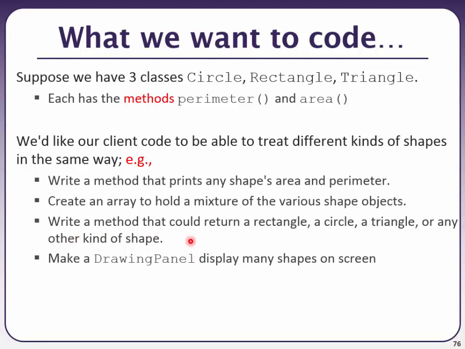We want to be able to write a method that could return a rectangle, a circle, a triangle, or any other kind of shape. So instead of saying that the return data type is one of those specific classes, we would say that the return data type is the class Shape. And then we want to be able to do something like a DrawingPanel class that can display all those shapes on the screen.